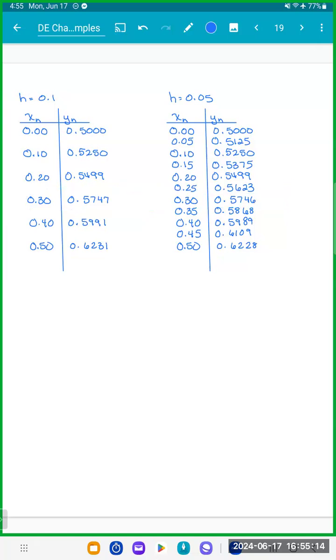So when you're looking at that, just know that you can't only calculate the 0.05, 0.15, etc. Because eventually there's enough separation that the decimal value is different. If you look at the 0.5, you'll see that the y value is different.